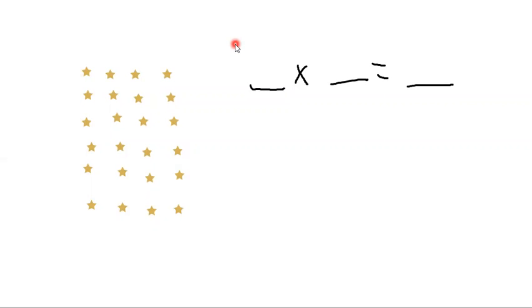Correct. You should have counted 6 rows. 1, 2, 3, 4, 5, 6 rows. So my first factor is a 6. Now we're going to count how many in each row. Count those columns. Ready? 1, 2, 3, 4.